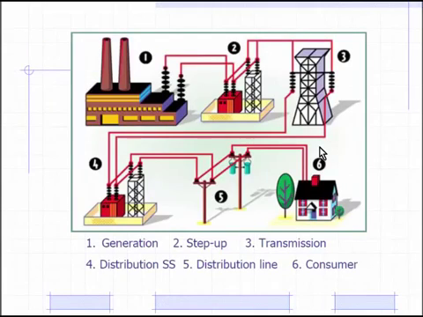So here's a picture of the power system. We have some prime mover that converts energy into moving electrons. So we think of electricity really as an energy carrier. It moves energy.